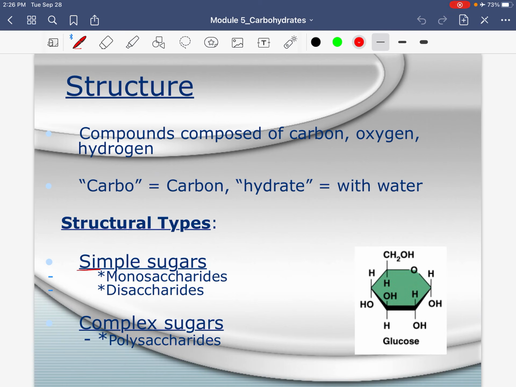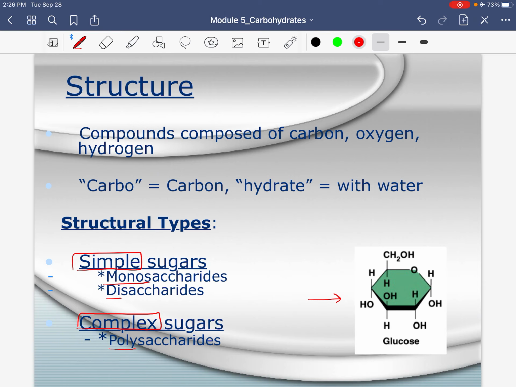There are our simple sugars, which are mono, which is one sugar, and di, which are two sugars. And then we have complex sugars, which are polysaccharides, which are three or more sugars. Now, you'll see in each chapter, I'm going to have a picture of what the actual molecule looks like.